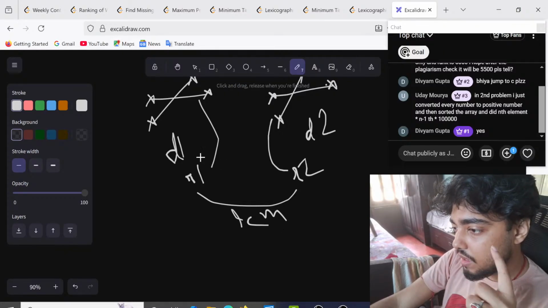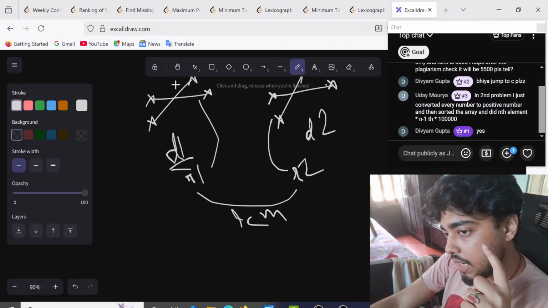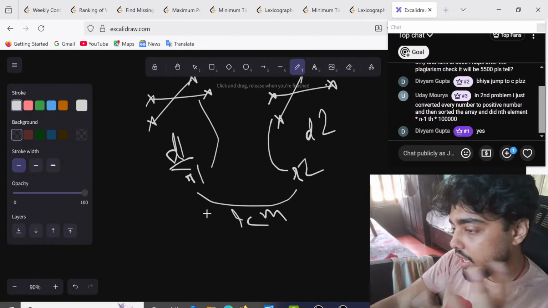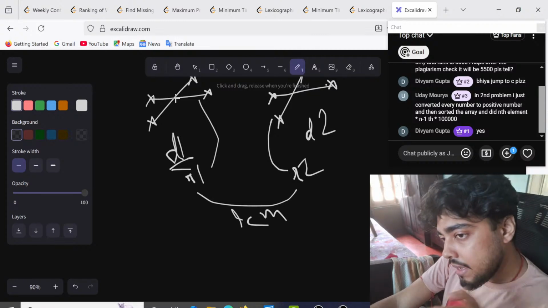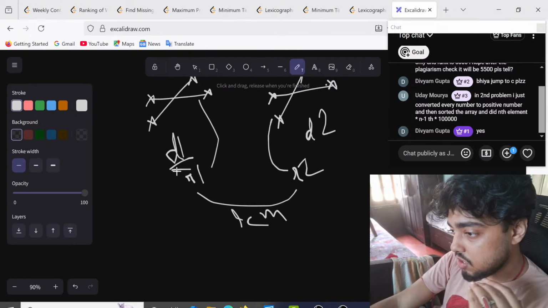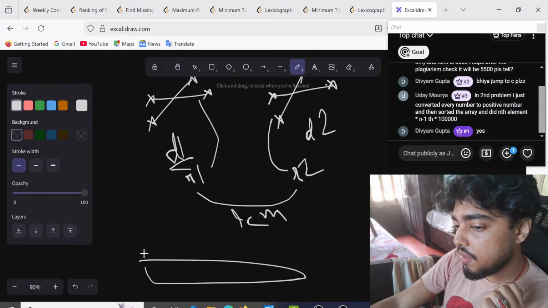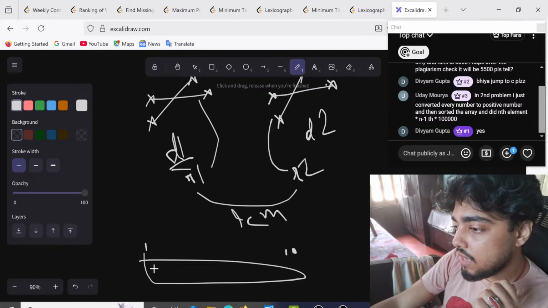First of all, I know that D1 deliveries need to be done by drone 1. So what I can do is try giving the slots to drone 1 as much as possible. Let's say I've got 10 slots, that is time 1 to 10. Drone 1 can deliver on 1, so I will give it to drone 1.